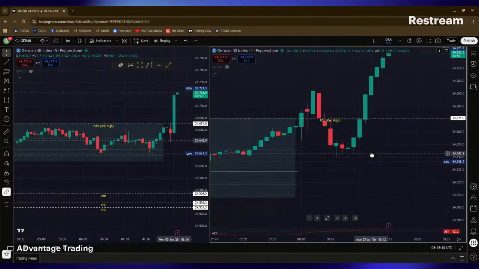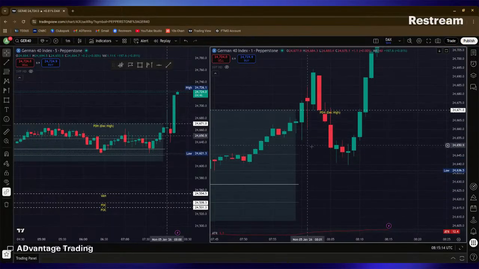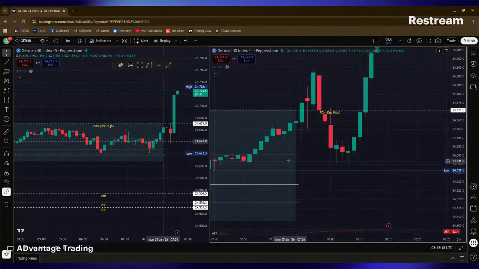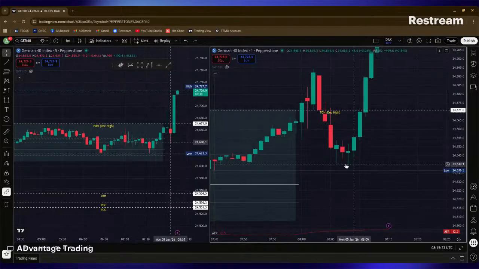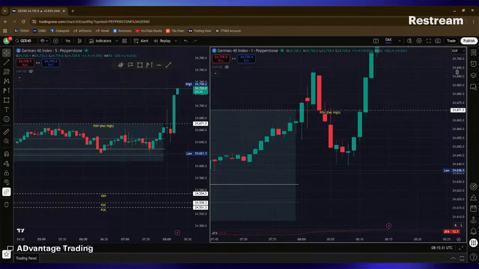I think, down here, this test of the value area, this is the sort of trade I'm going to be really looking for on a daily basis. These are the trades that can have really high risk reward. I'll try and find some examples later on from the last month.